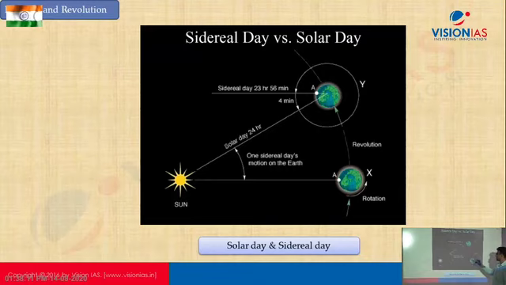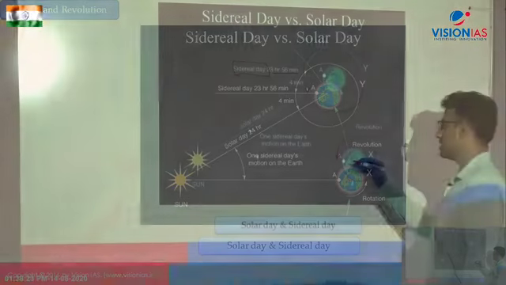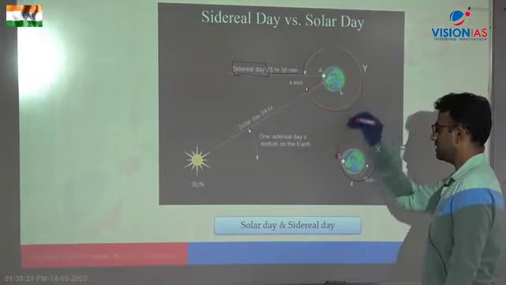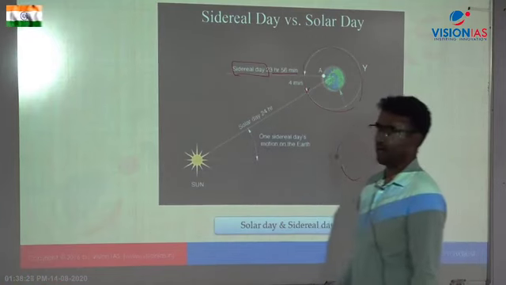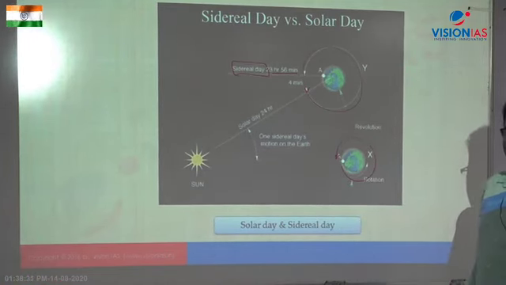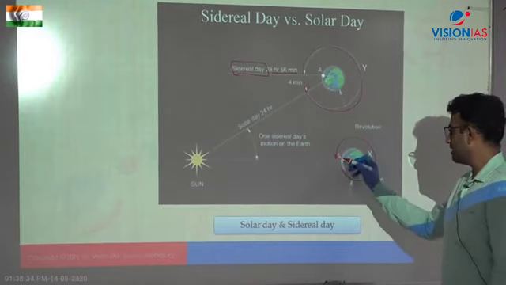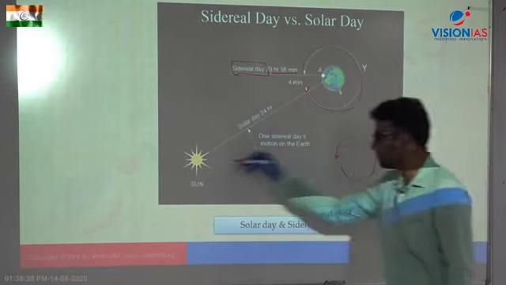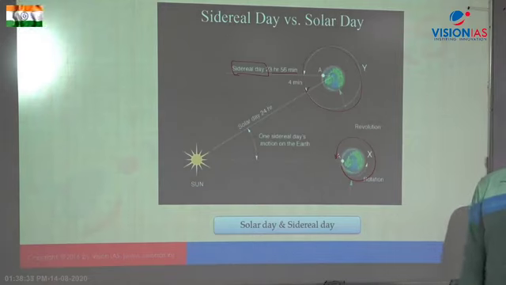And if you want to see the time taken to see the Sun again, we will have to go beyond 360 degrees, because the Earth is not stationary. If the Earth were stationary, 360 degrees of rotation would have brought us straight back to the Sun, in the same position.